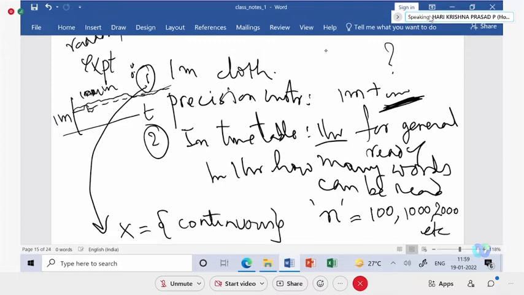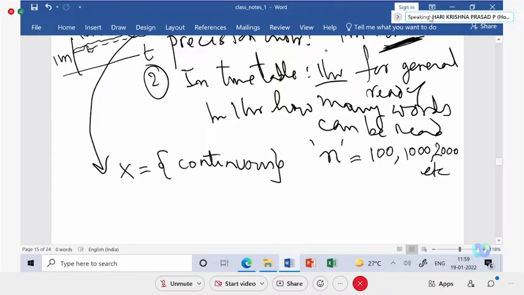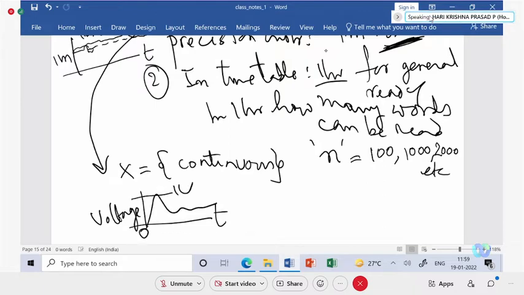Another example could be a voltage waveform which swings from 0 to 1 volt. How many possible values can the signal take? An infinite number of values. Whatever value you mention between 0 and 1 volt, you will find that value being taken by the signal voltage. So that is referred to as a continuous sequence of values.